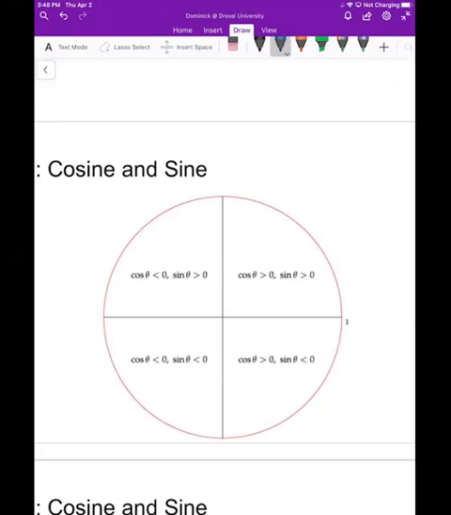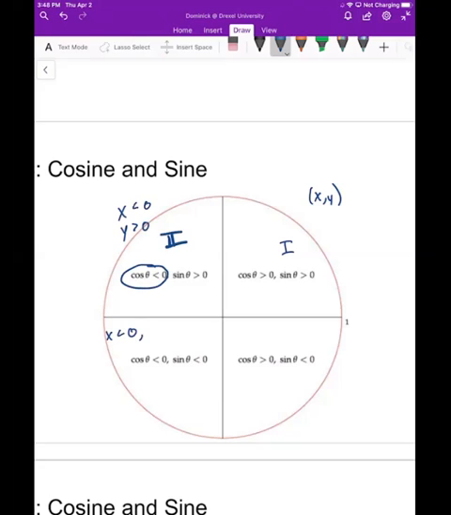Now, one thing you'll notice is the signs of cosine and sine. In the first quadrant, both x and y are positive, so cosine and sine are both positive. In quadrant 2, x is negative, but y is positive, so your cosine is negative and your sine is positive.